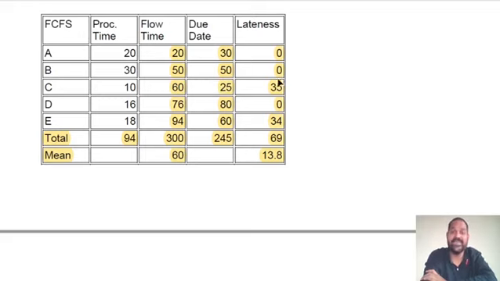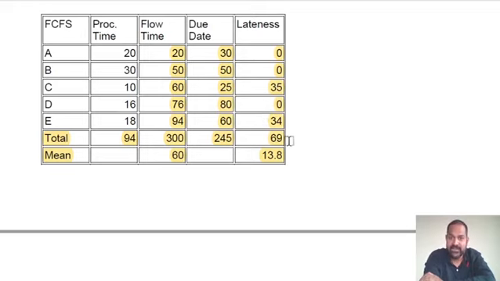The job is late by 35 days. Job D is done on the 76th day. It was due 80 days later. Fine, it's 4 days early, so there is no lateness. The lateness is 0. Job E is done on the 94th day. The due date was 60, which means you are 34 days late.